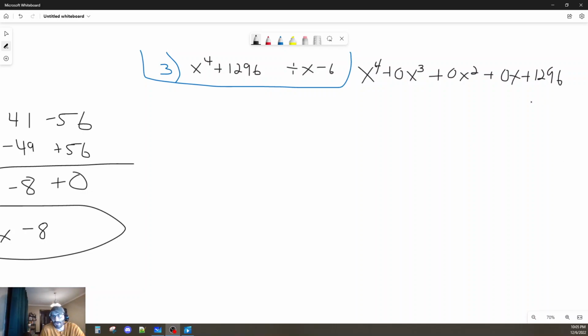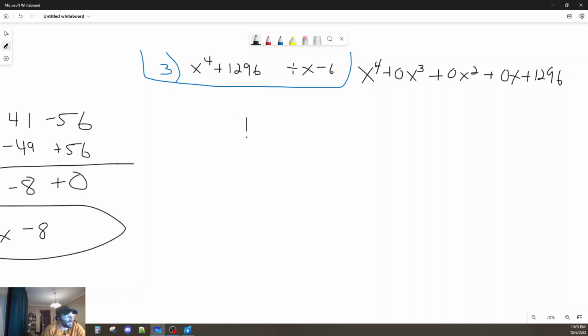You can see here all these would equal 0. 0 times anything is 0, and you're going to have x to the 4th plus 1296. The reason why this is important, you can't skip these things when you're doing synthetic division. So just to save time, let's just do it like your buddy here.